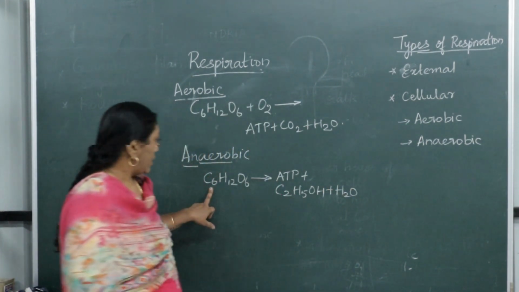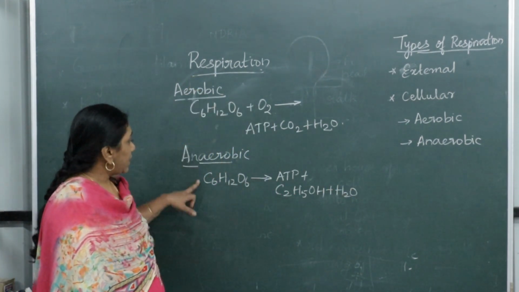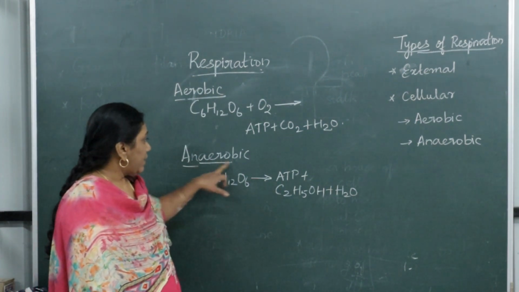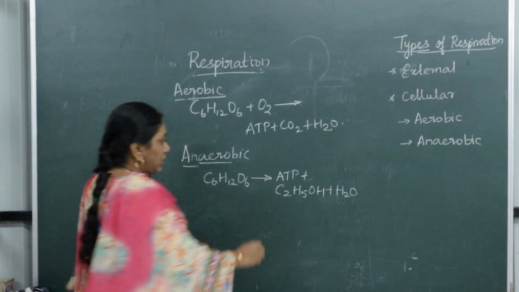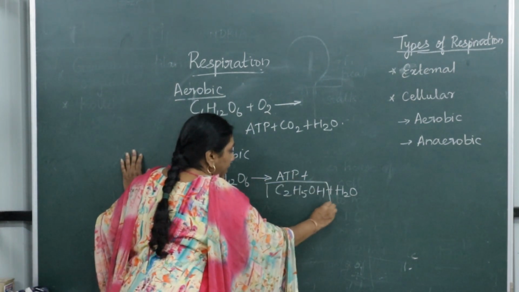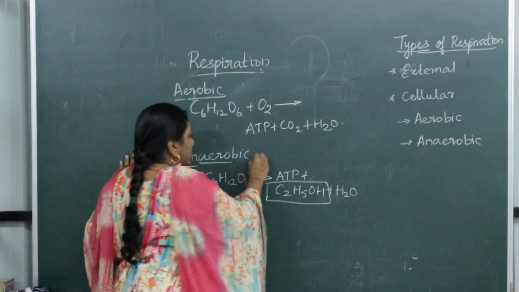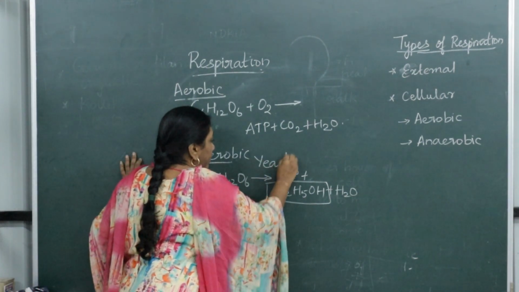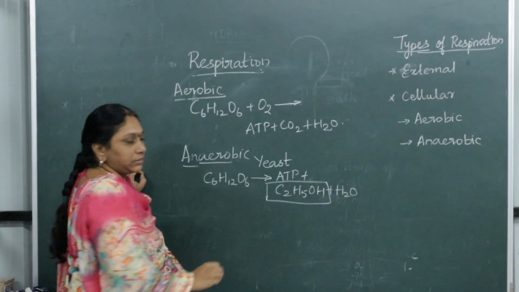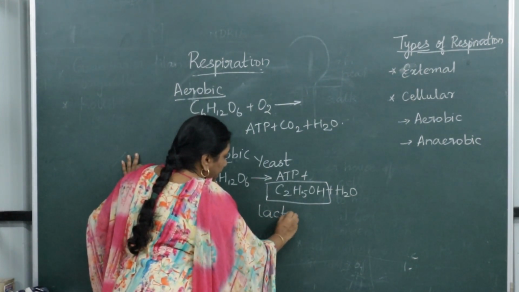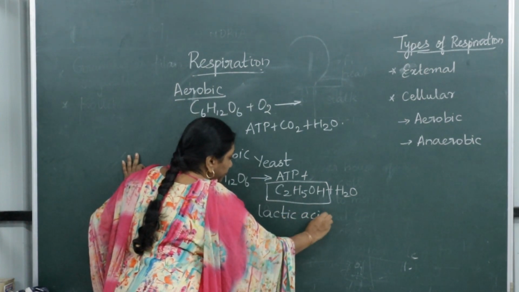So when the respiration is taking place without oxygen, we call that process anaerobic respiration or fermentation. Here in addition to ATP we have ethyl alcohol coming out. Okay, this takes place in lower organisms like yeast. Okay, in some bacteria lactic acid is also produced.